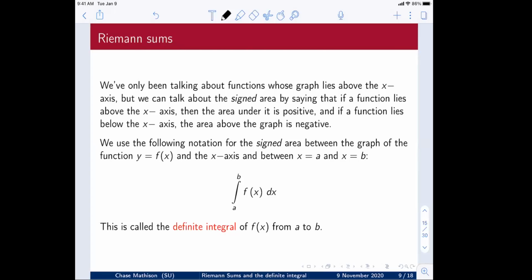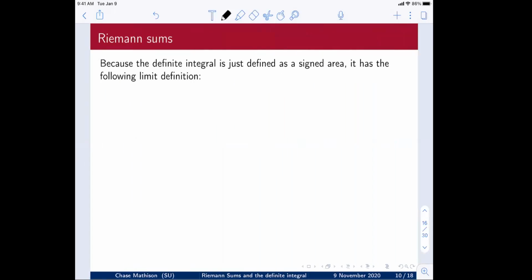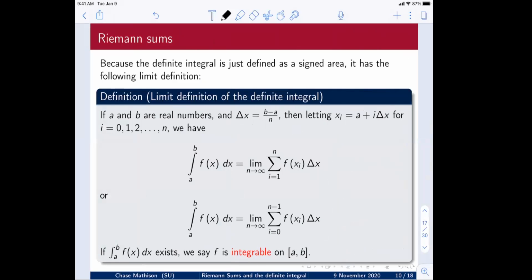Okay, so because when we're calculating this signed area, nothing would really change. We still draw those rectangles, then take a limit as n goes to infinity when I add up all the areas. The definite integral has the following definition. Okay, this is nothing new.